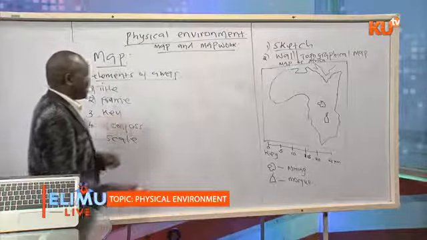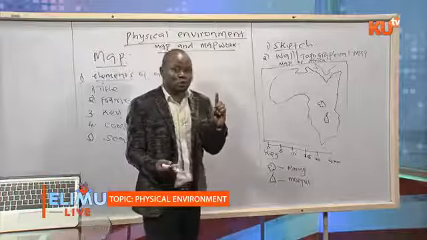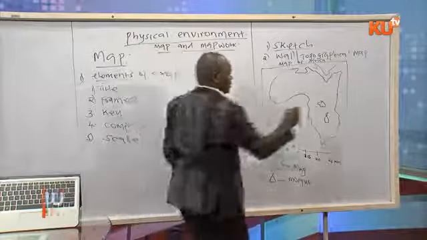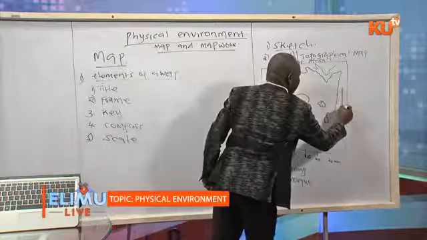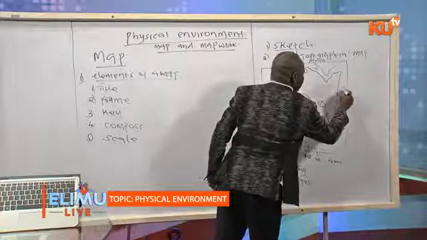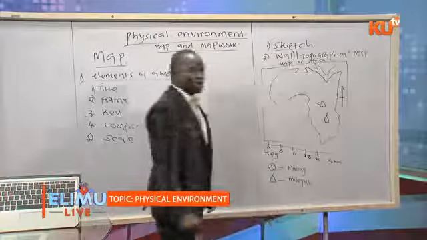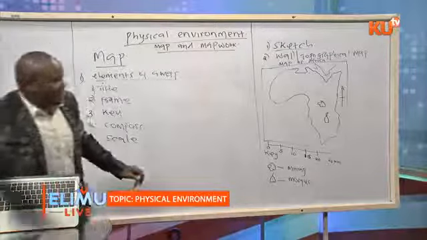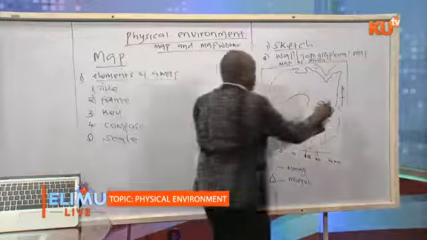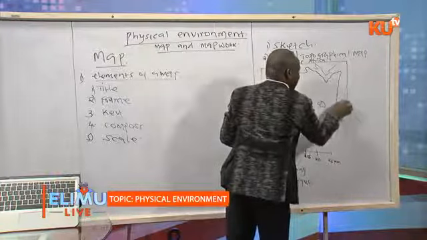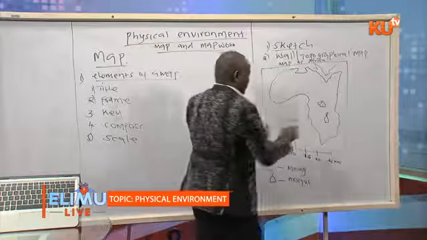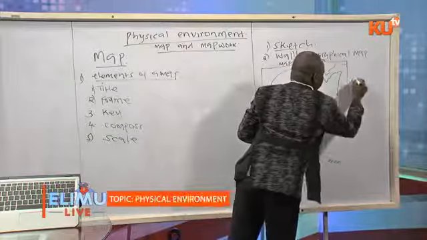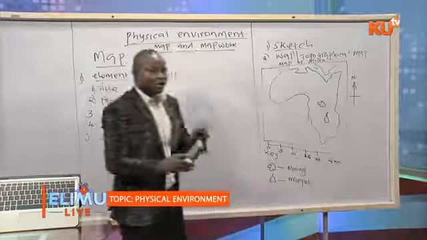We have the compass. A map should always have the compass direction. This is the compass. It must be there. And it always points to the north. To be clear, let me write this compass outside the frame. It is here for it to be clear. And the arrow points to the north.